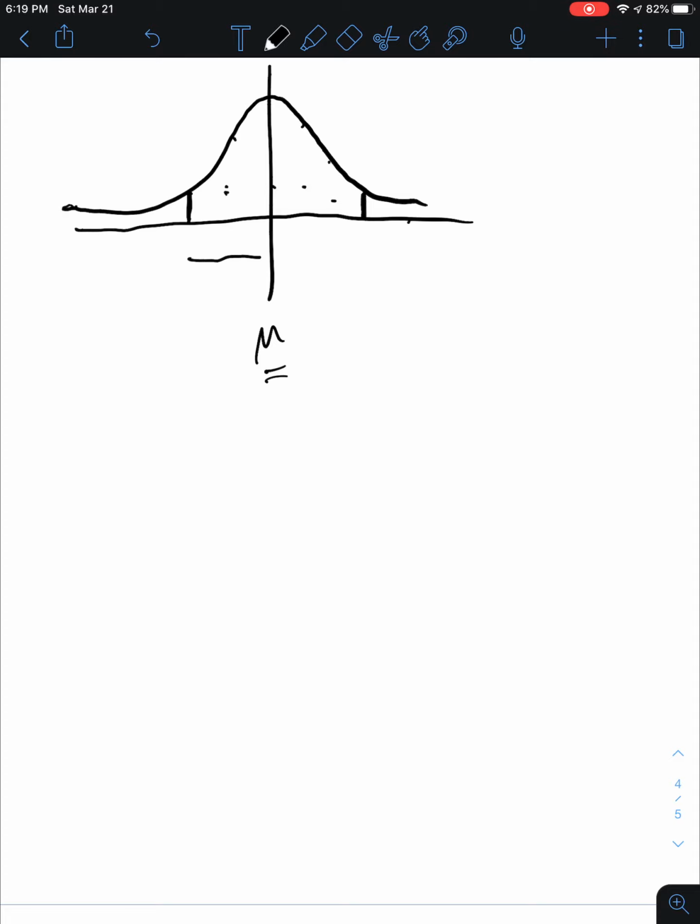When we communicate this, we're going to call this distance here, actually half of that from here to here, the margin of error. And that's the margin of error associated with 95% confidence.